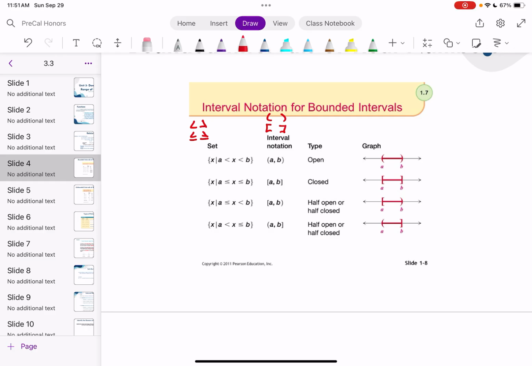Anytime that you deal with parentheses or less than or greater than signs, they will be open. And anytime that you deal with a bracket or a less than or equal to, greater than or equal to, they will be closed. There are times in which some of the interval notations or set notations will be half open, half closed. And what that refers to is determining whether it will include the value at which it's stopping or whether it will not include it.